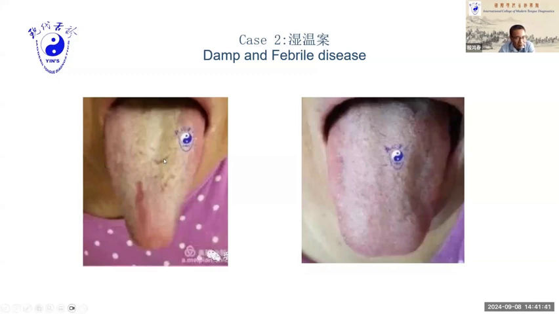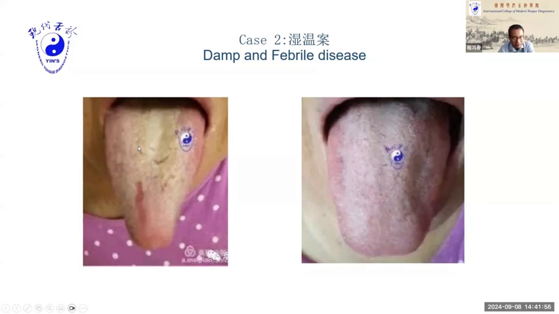The doctor in charge of her treatment suspected the lady had a lung tumor, so he wanted to get a biopsy from her lung.